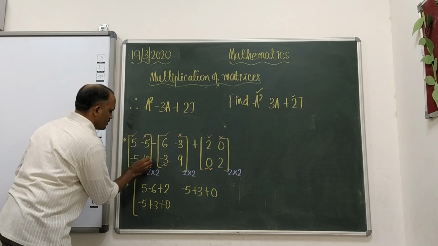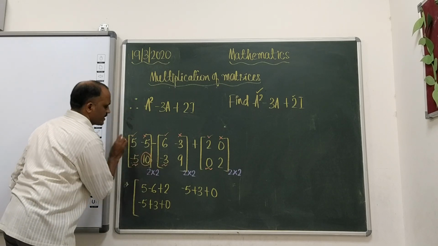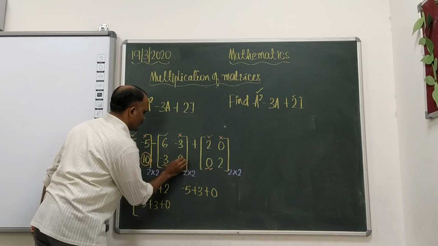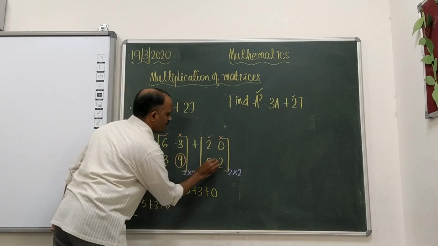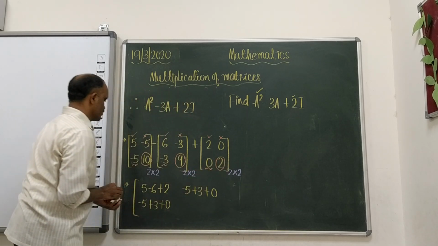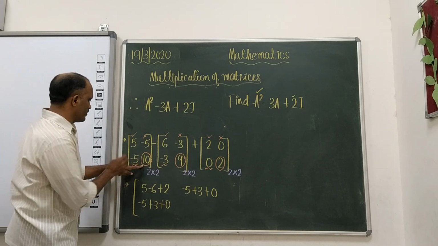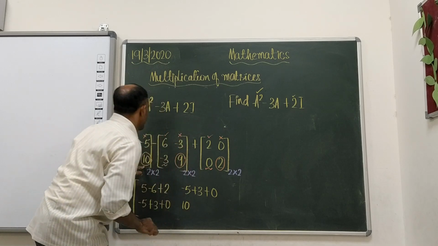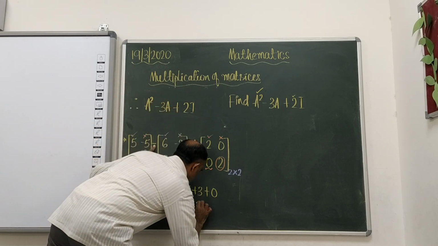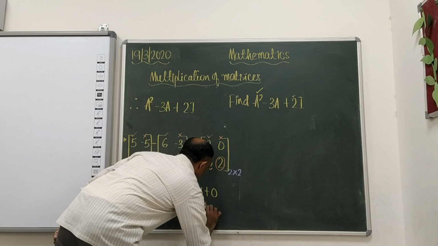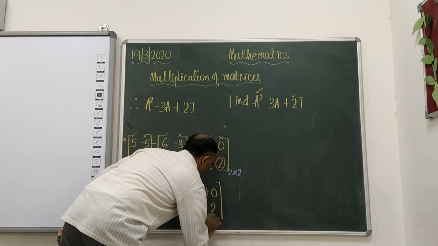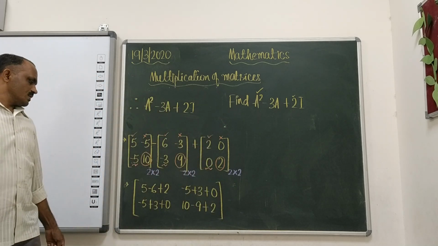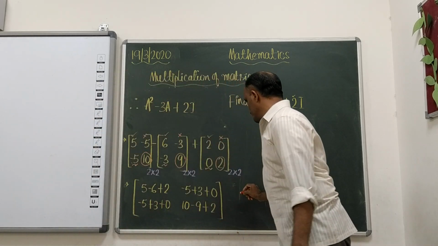Then the last one is the second row, second element. So 10, this 9 and then this 2. We'll equate the second row, second element in all the matrices. So this is 10 minus 9, then plus 2. Then further we'll simplify this.